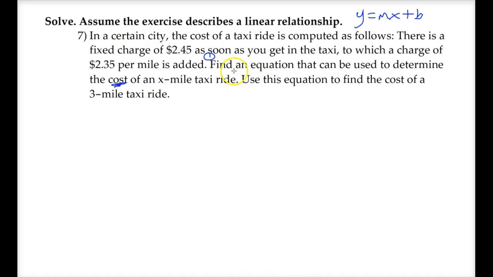Now, one thing I do want to say here is that I know most of you, by using common sense, you'll be able to sort of figure this out. What this question is actually testing is to see whether you can come up with the equation first and then use the equation, not just get the answer, okay?